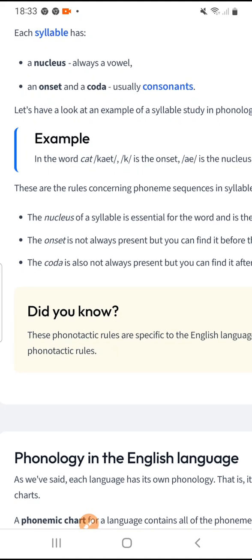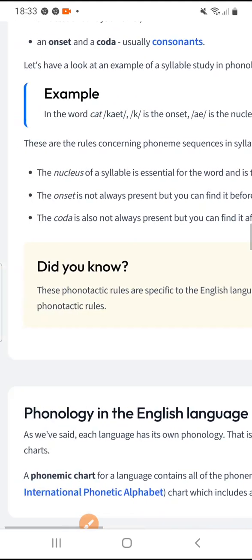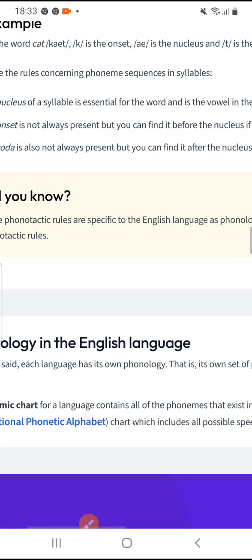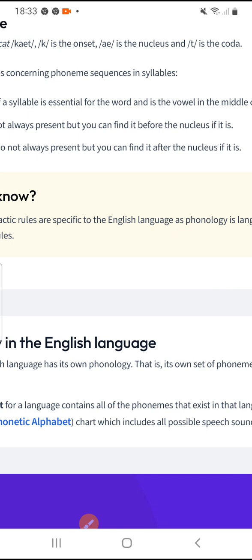Sorry, an onset and coda are consonants. We will understand with the word cat. K is the onset, because that's a consonant, A is the nucleus and T is the coda.